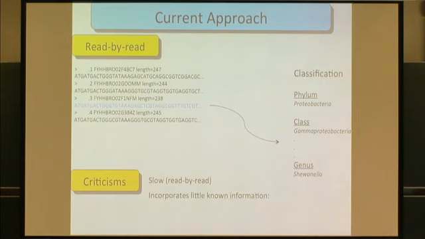In addition, typically we can't incorporate all the previously known information that we have. Why? Because if you're classifying against a database, your algorithm's complexity is also governed by the size of the database you're comparing against.